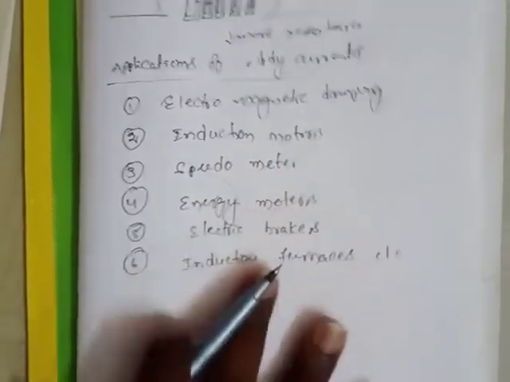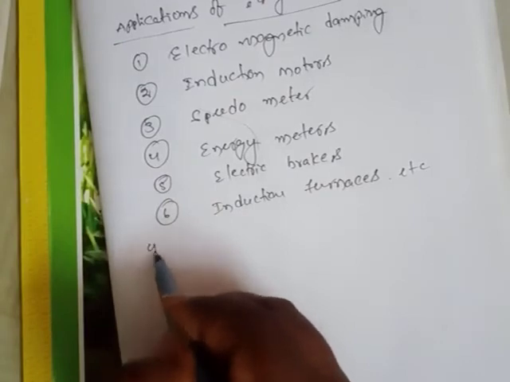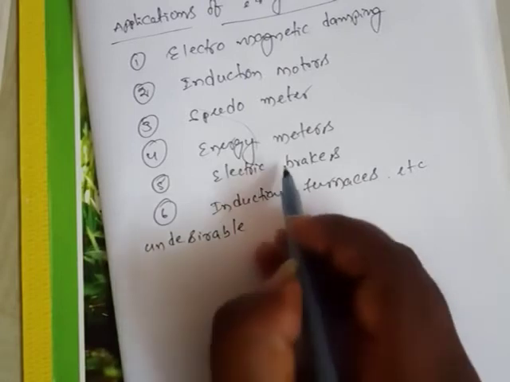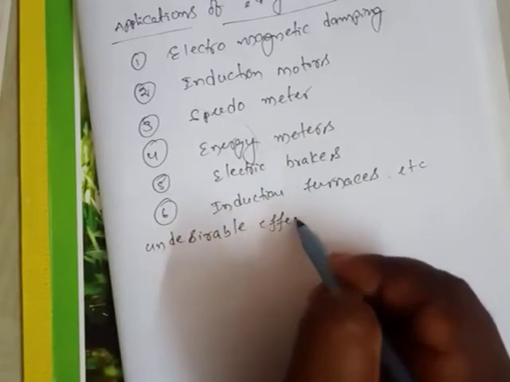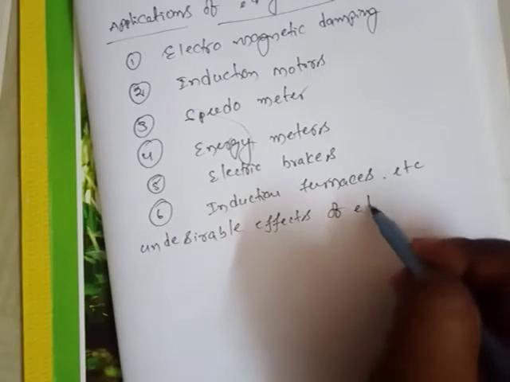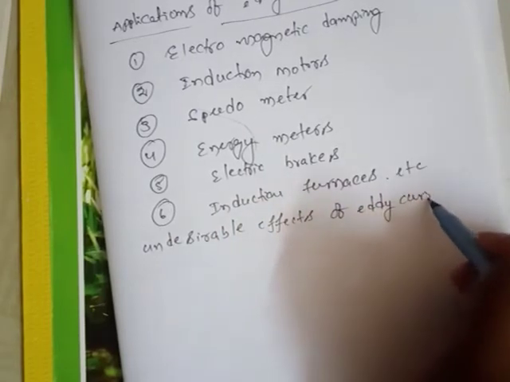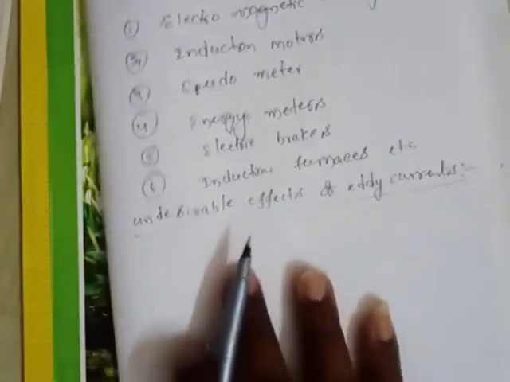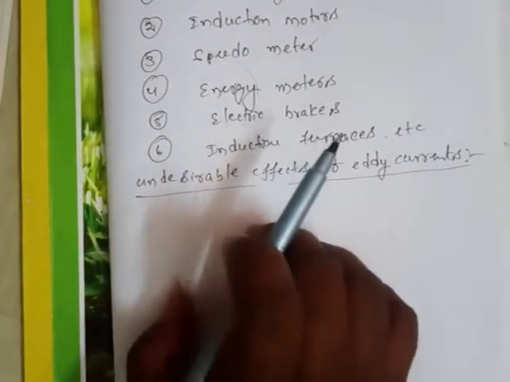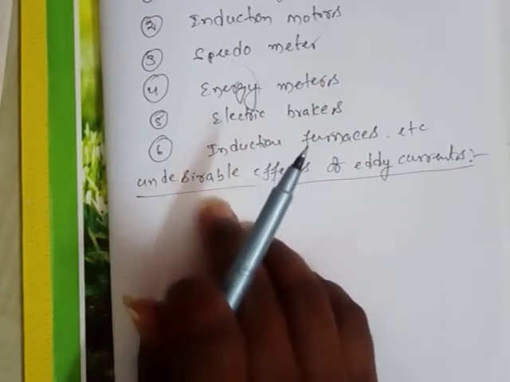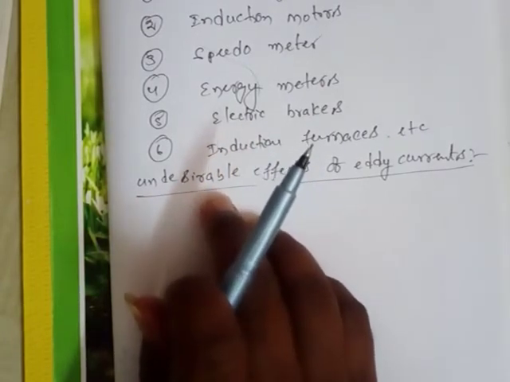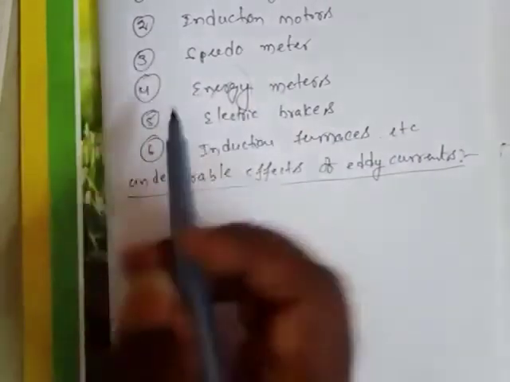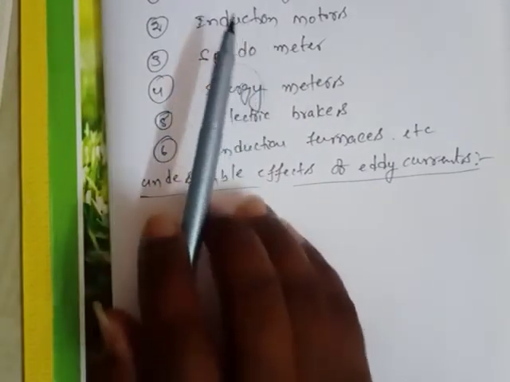And there are some undesirable effects of eddy currents. What are those undesirable effects? We'll see. If the resistance of the metallic conductor is very low, the magnitude of eddy currents produced is quite large. In the second experiment we have seen, we took a metallic plate.